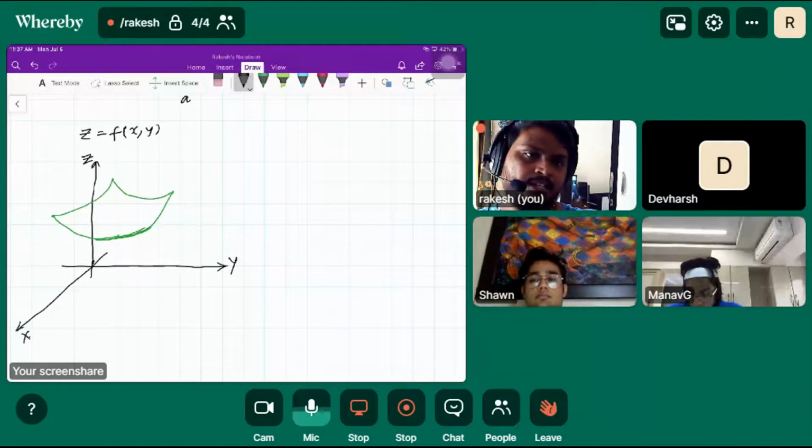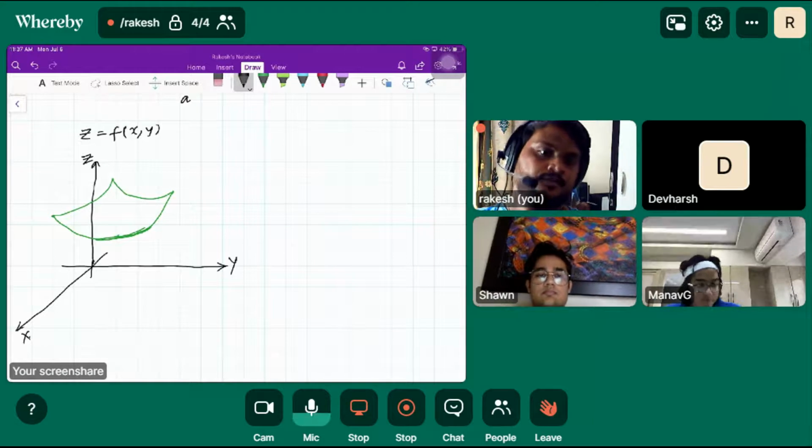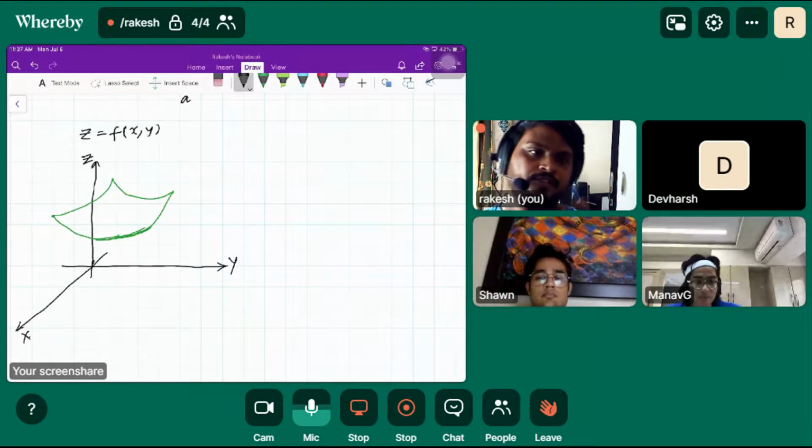Now the dimension has been increased, so what is the next dimension of area? If you add one more dimension to area, it gives you volume, definitely, right?